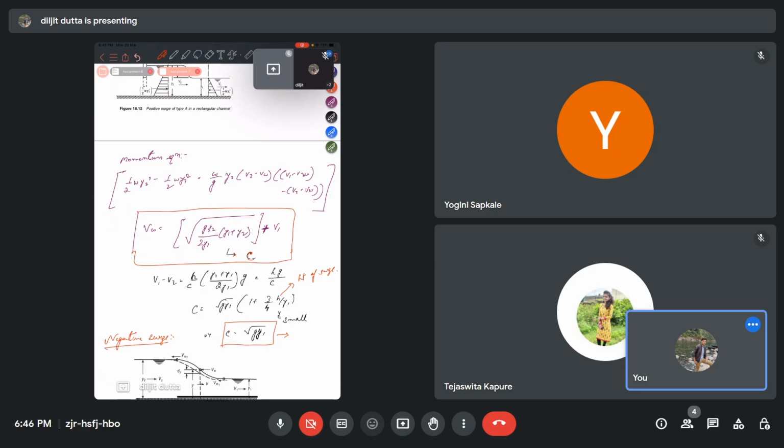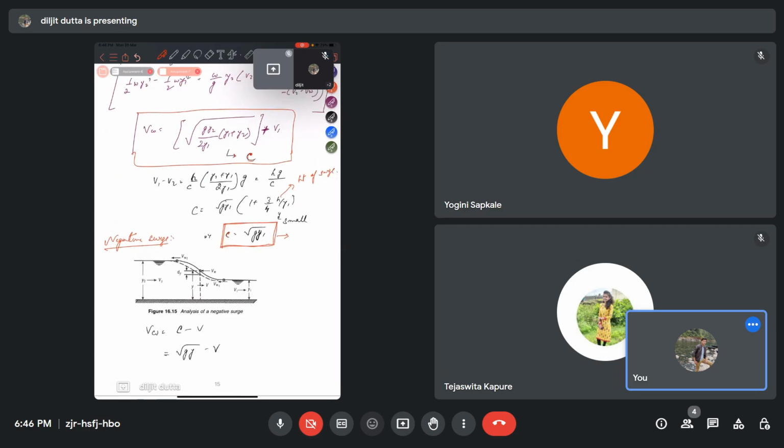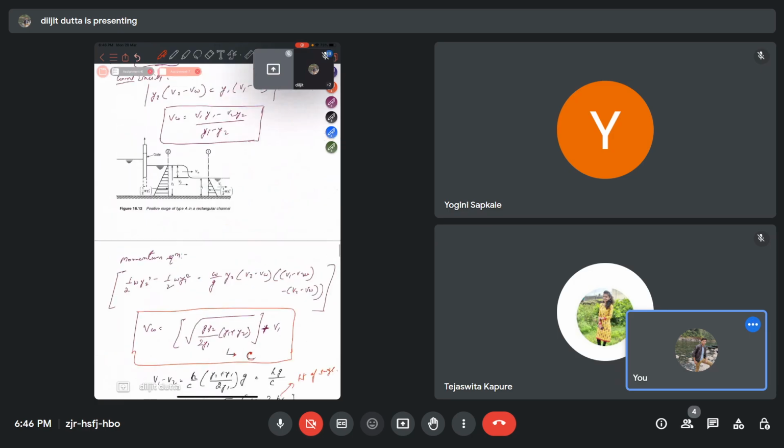In that case, the celerity of the surge is given as the square root of g Y1. So this is for type A positive surge.